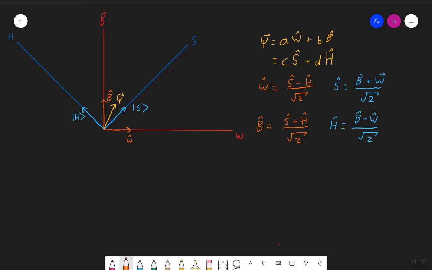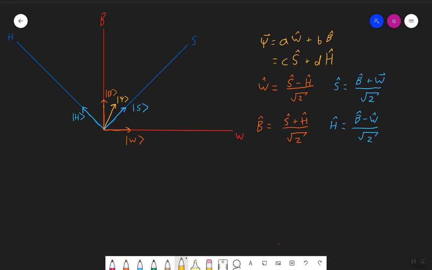Now if we go to a different color, the white unit vector would be like this, and the black unit vector there. And then, assuming this psi right now, and we'll see why, is a unit vector, we can also write it like this.